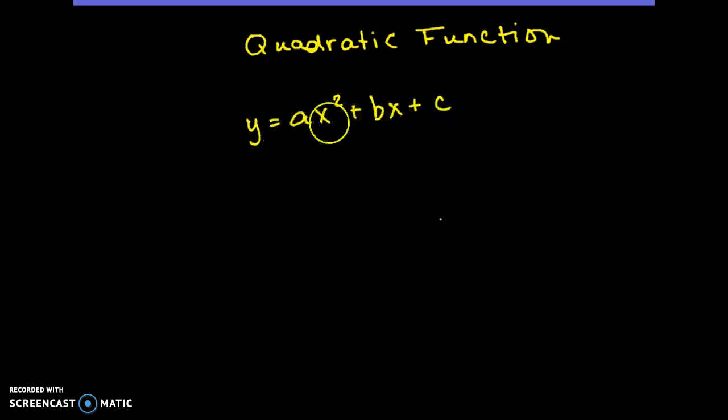And if we graph a quadratic function, we will get a parabola shape, not a line shape. A parabola is a curve, so we can either have it coming down or going up.